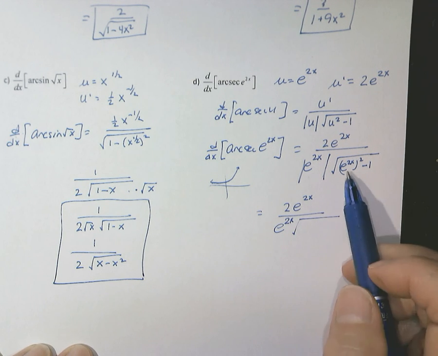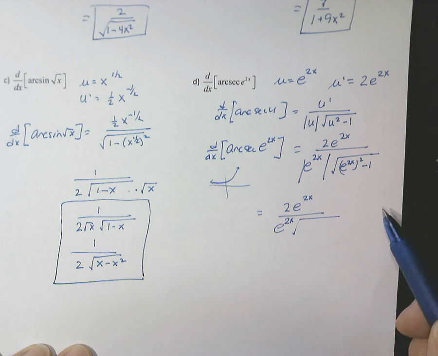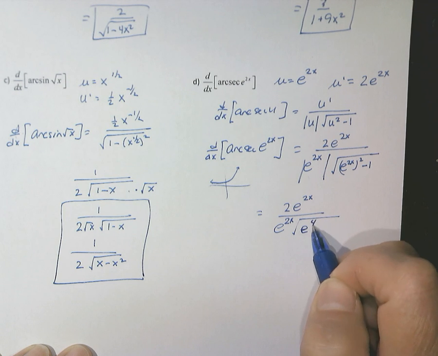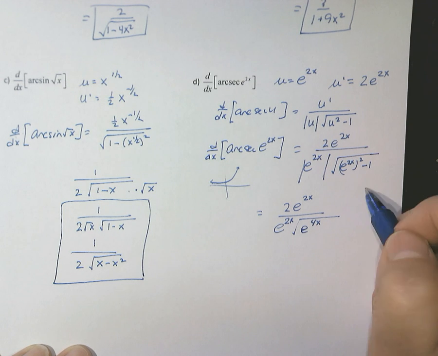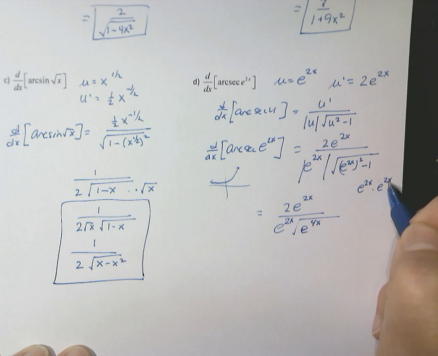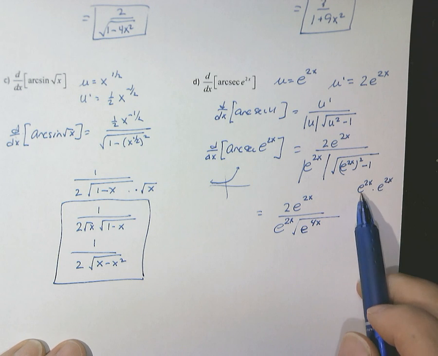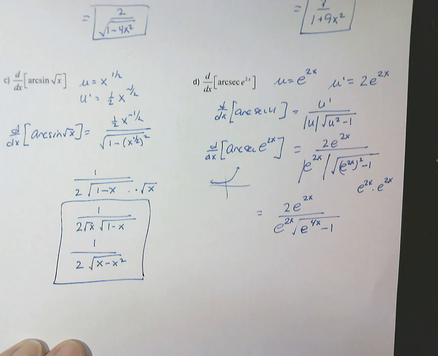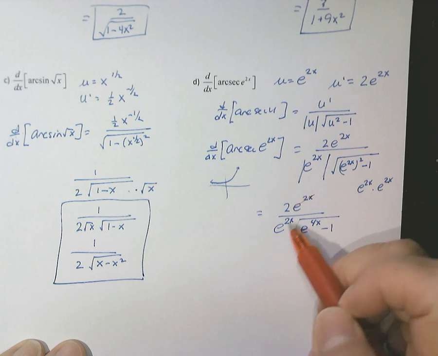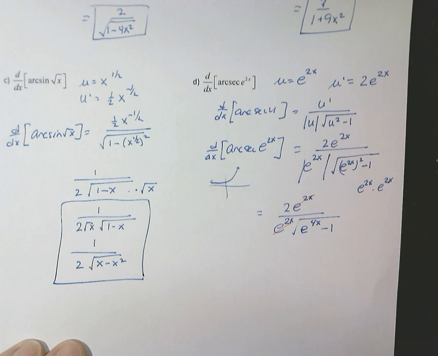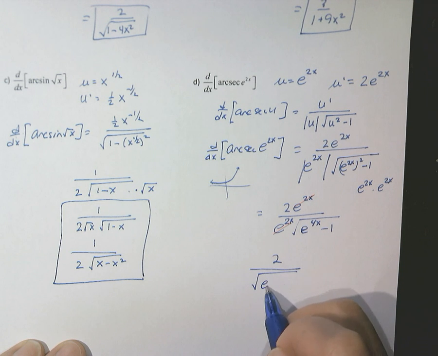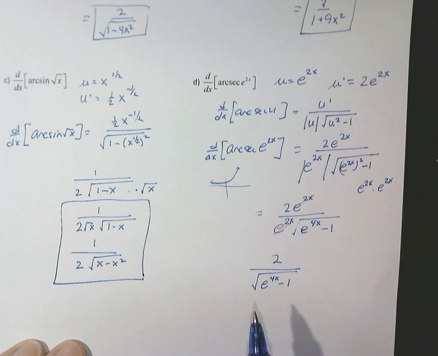Then I get the square root, e to the 2x times e to the 2x is going to equal e to the 4x. When you multiply, you add exponents, so 2x plus 2x is 4x, minus 1. You'll see that e to the 2x is here and here. So my derivative is 2 over the square root of e to the 4x minus 1.